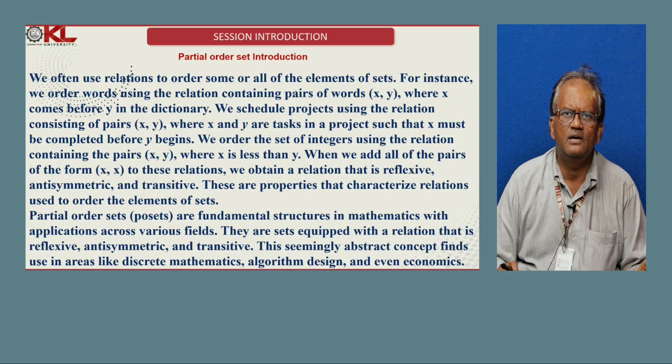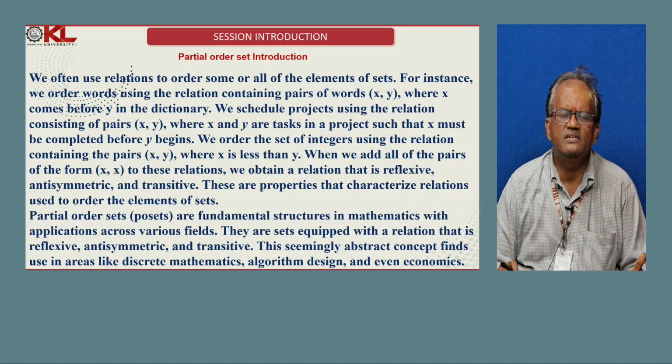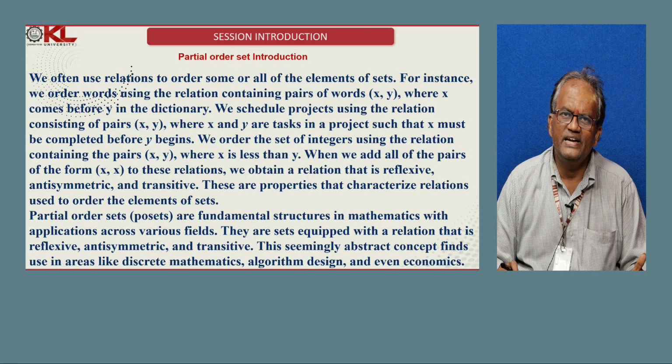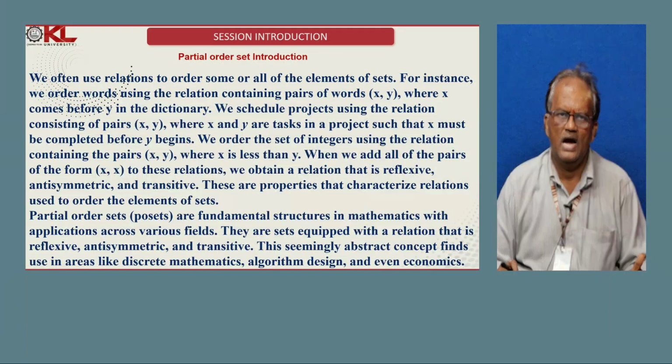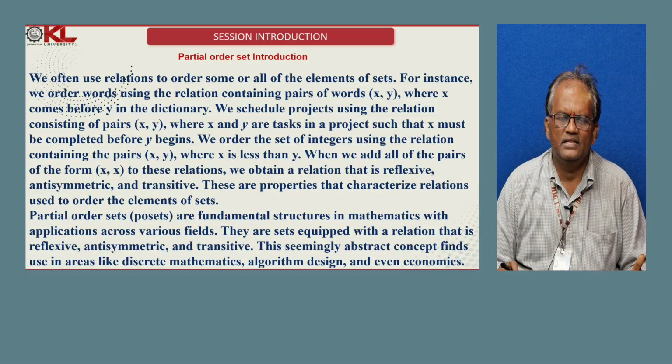Poset means partial order set. A set is said to be a partial order set if a relation is developed on the set under certain properties. What are those properties? The first property is the reflexive property.